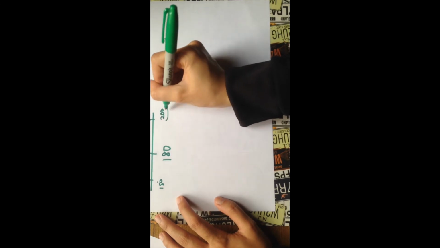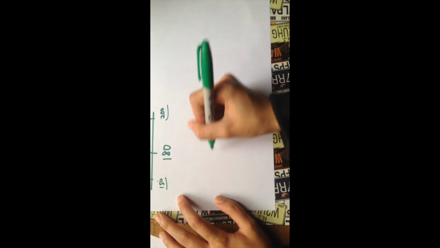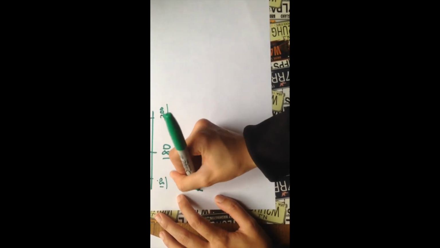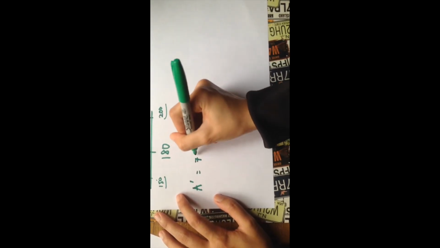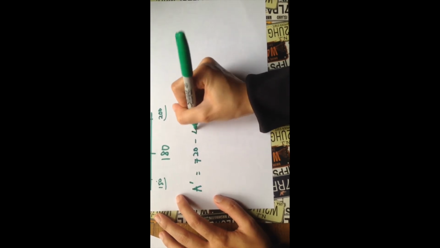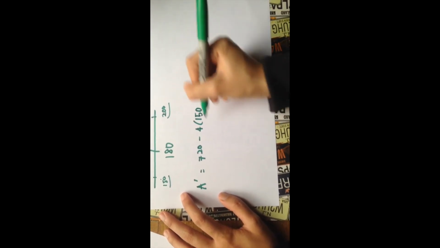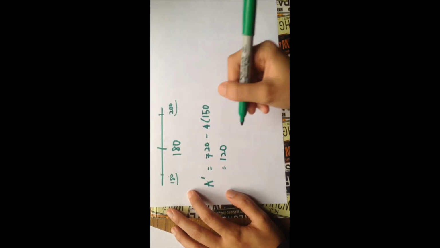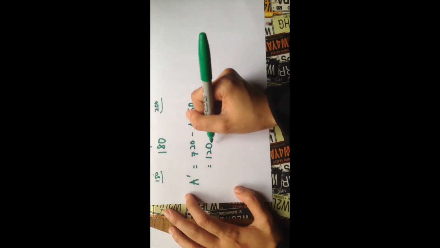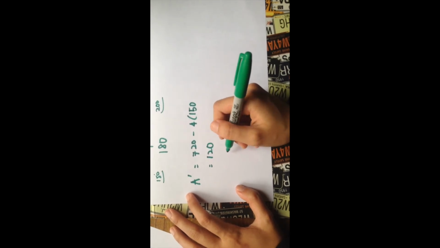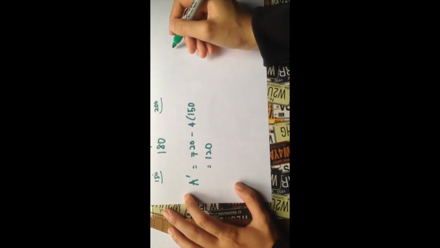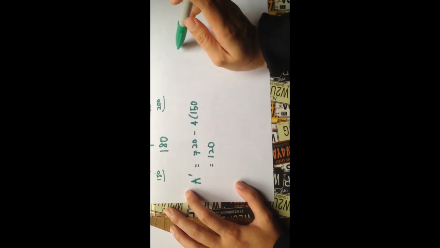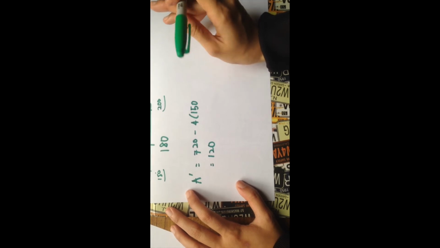Use these numbers and insert them into the equation A prime. So A prime is 720 minus 450, we get 170. This is a positive value, so it's upward. Based on the first derivative, we want to find the local point.